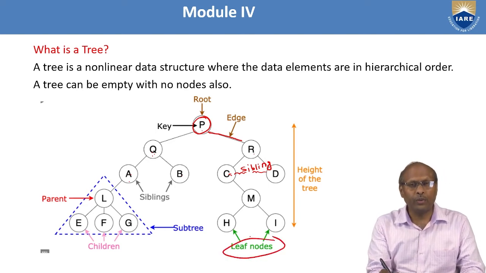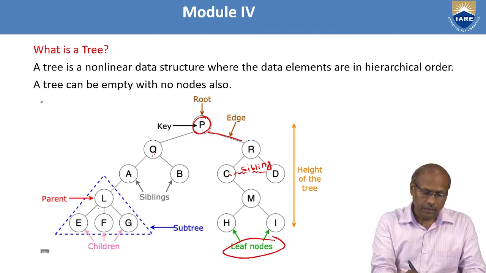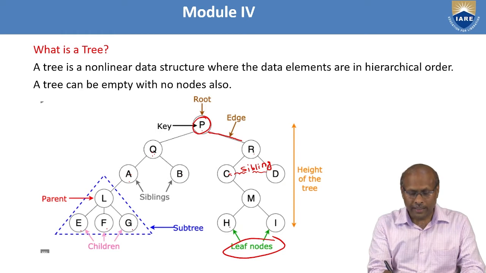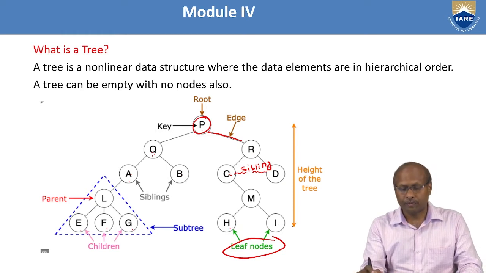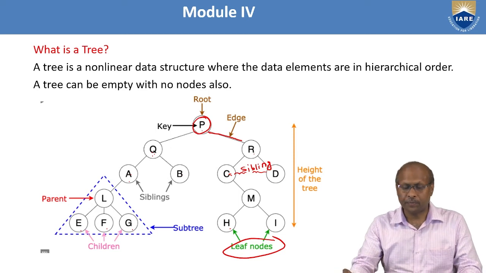A node which has no child node at all is called a leaf node. Similarly here, if you observe, E is a leaf node, F is also a leaf node, G also a leaf node, H is a leaf node, I is a leaf node. So this is the way you can represent it through a general diagram.